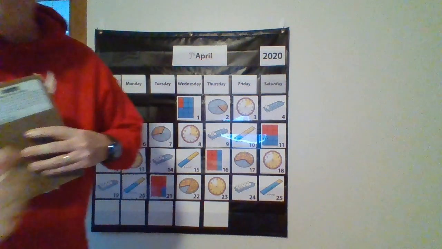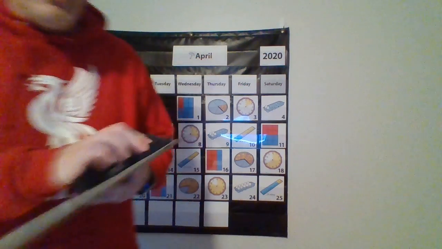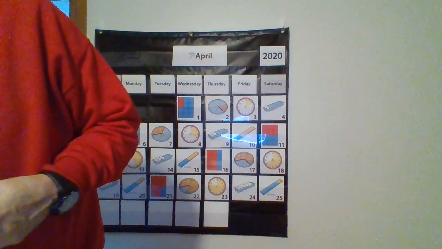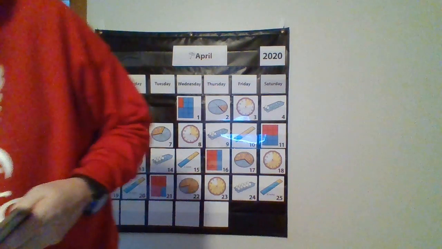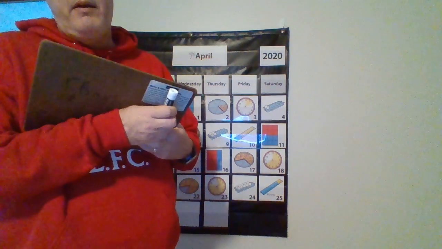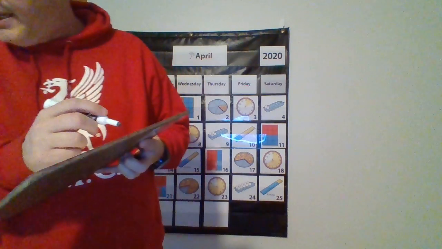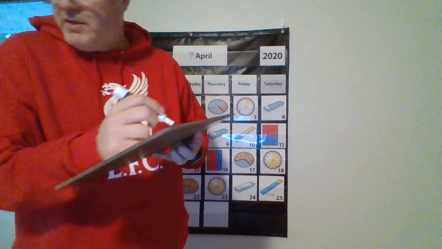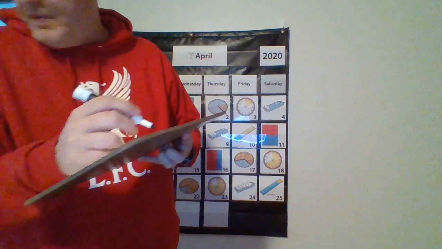Okay. So we're going to show you just another strategy that we can do in our math, if we have a single number multiplying by a double-digit number. So take a look at this equation, and see if this equation would be the same.